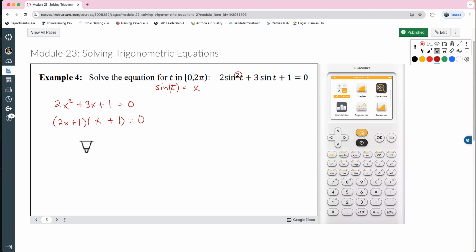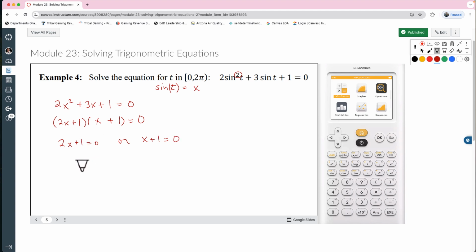So notice we're all algebra, back to what we did at the beginning part of the course. But we have this product rule of 0, that when you're multiplying two things and they're equal to 0, one of them has to be 0. So 2x plus 1 equals 0, or x plus 1 equals 0.